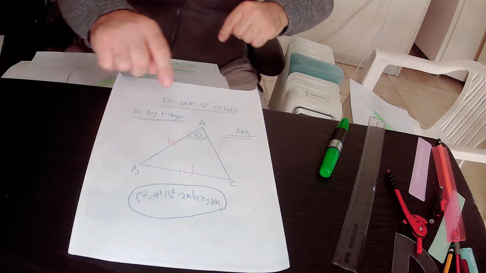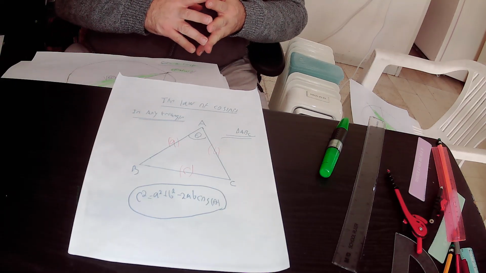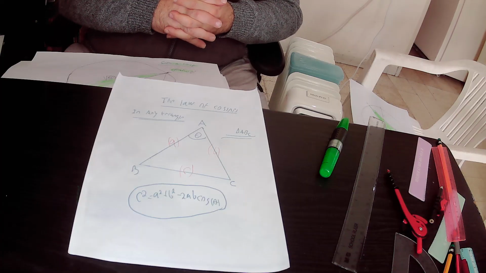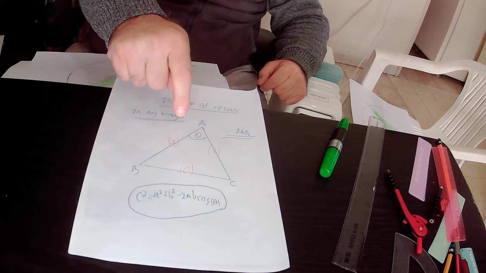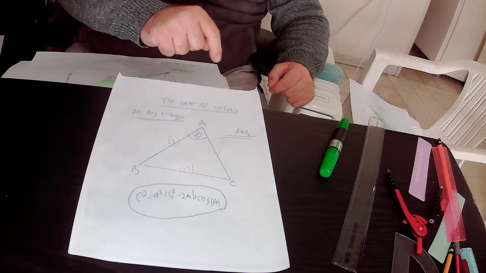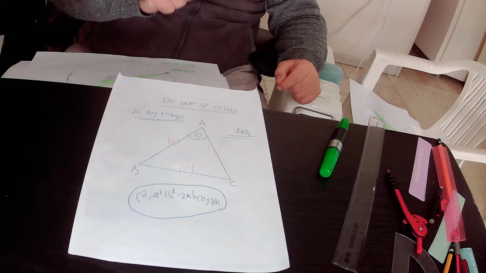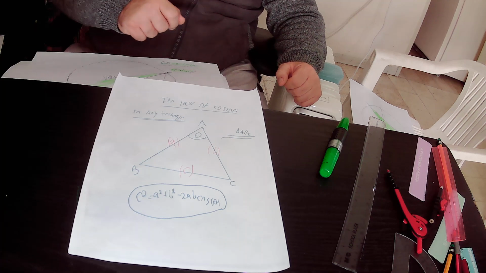This is angle BAC, which equals 30 degrees in size according to our definition. So in this triangle ABC, the following equation is true: C squared equals A squared plus B squared minus 2 times A times B times cosine theta. Again, C squared equals A squared plus B squared minus 2AB cosine theta.